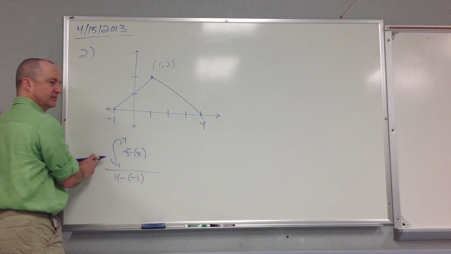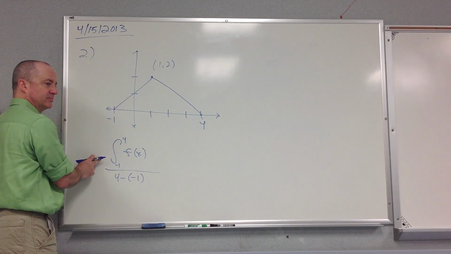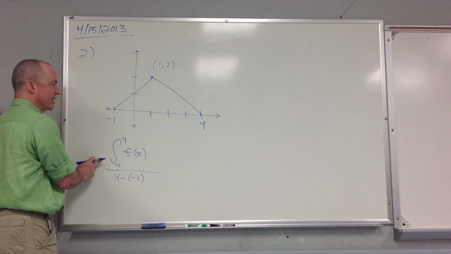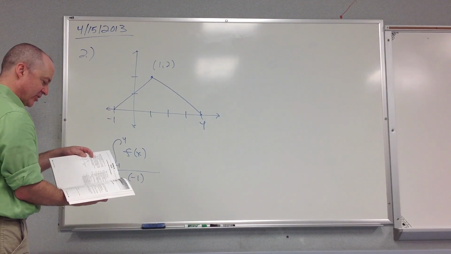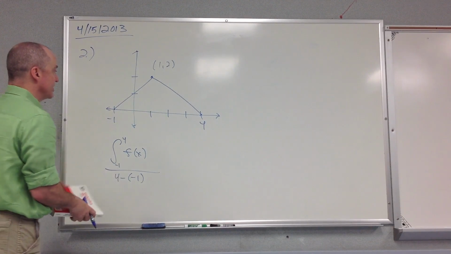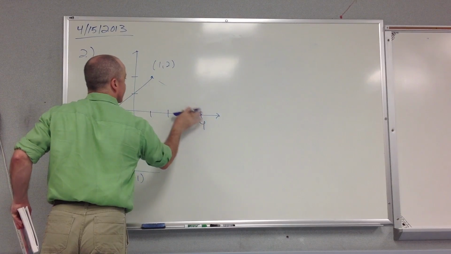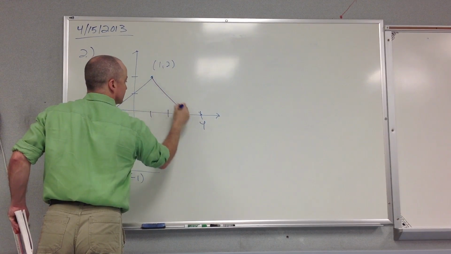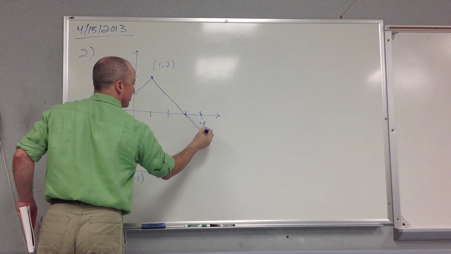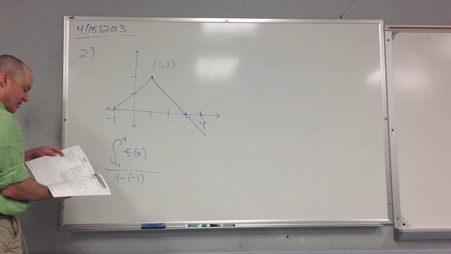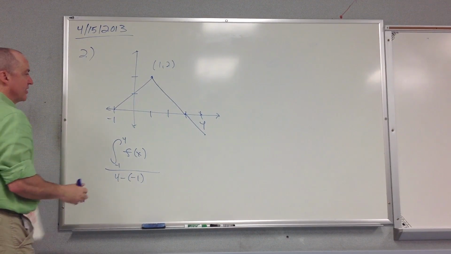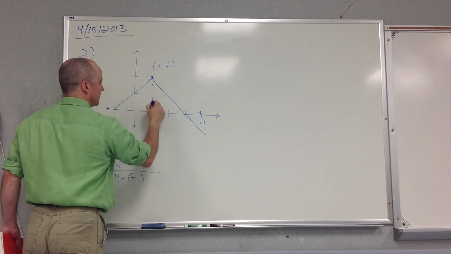No, actually, I think we just added the area to 2 and divided by 5, because the average value is supposed to be the integral. Oh wait, I made a mistake. This hits at 3, and then it goes down 1 more to 4. Looking like it lines up with -1. Alright, so what's the area? Yeah, it's divided by 5, okay.